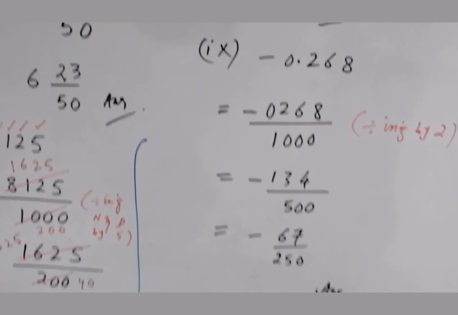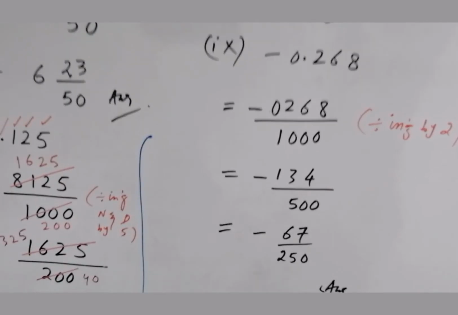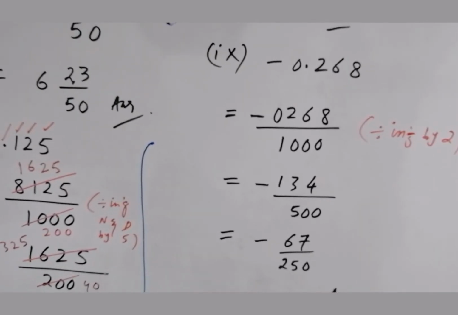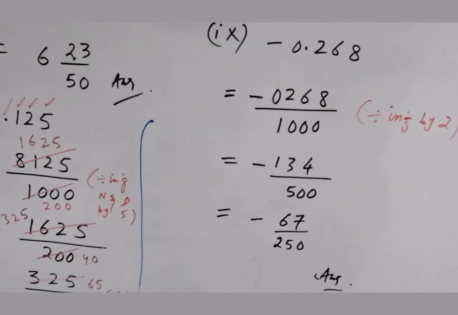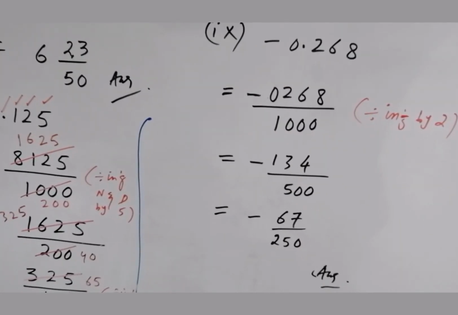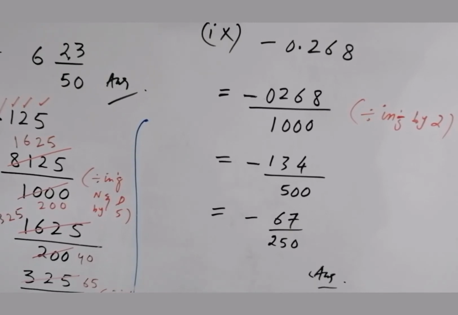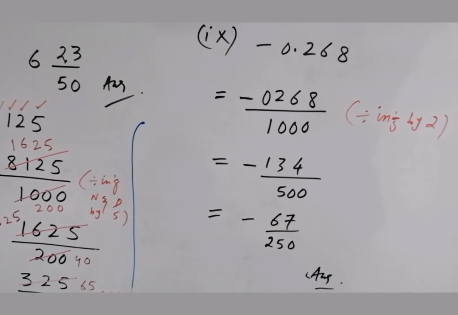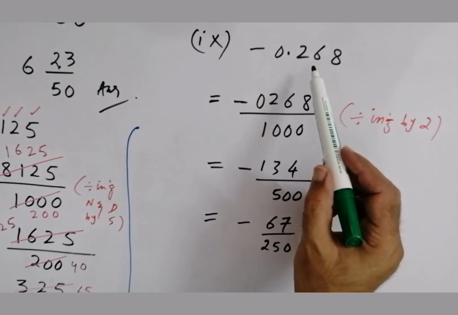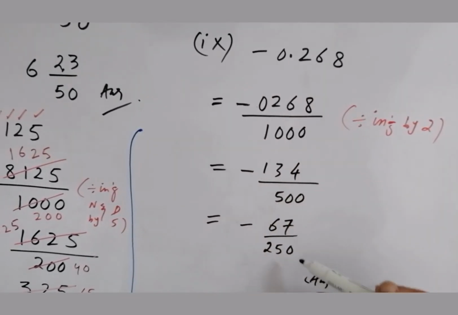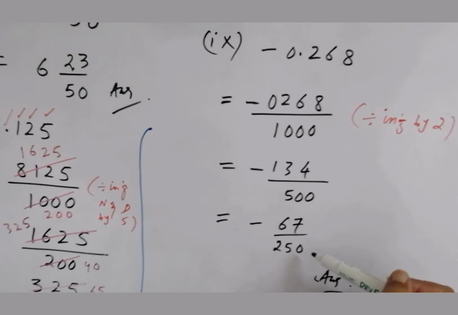Now taking the last part of this very question, the 9th part, I have solved almost all of the odd parts of this first question in this exercise. So the last part of this question is minus 0.268. We need to convert this decimal number into a proper fraction, that is a rational number.